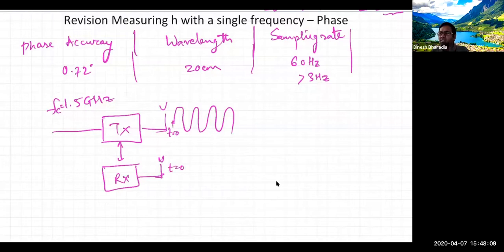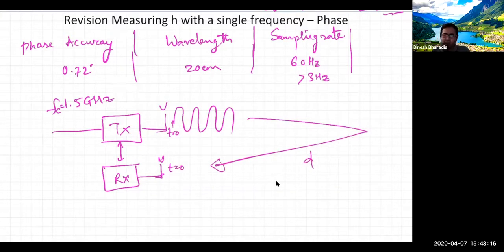That's very important. And let's say this is the distance d which is traveled by this sinusoid, and it comes back here. In order to process this sinusoid, I need to sample it.